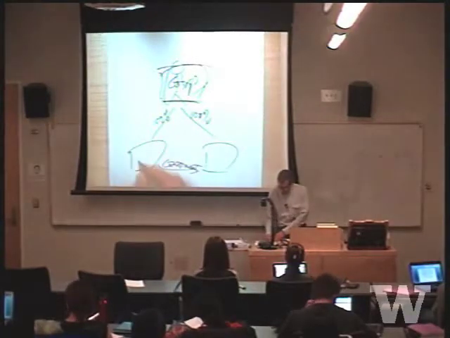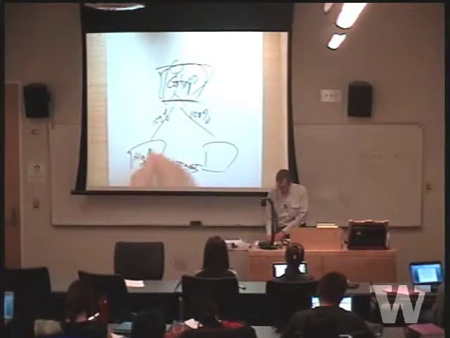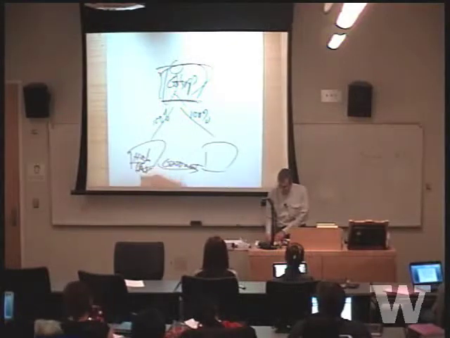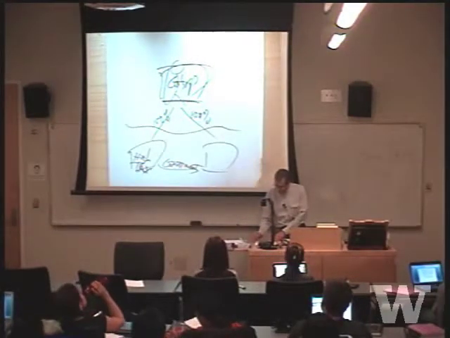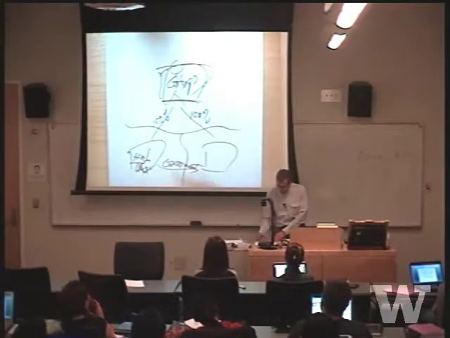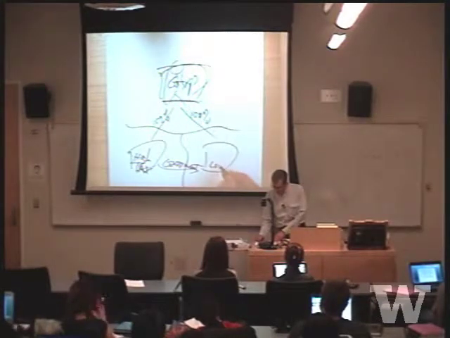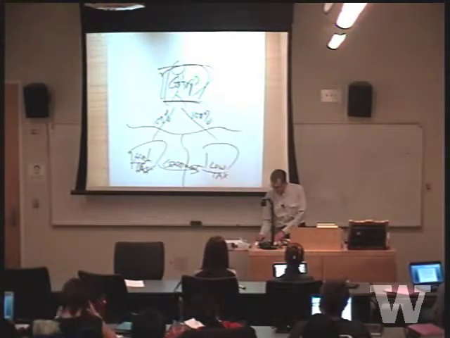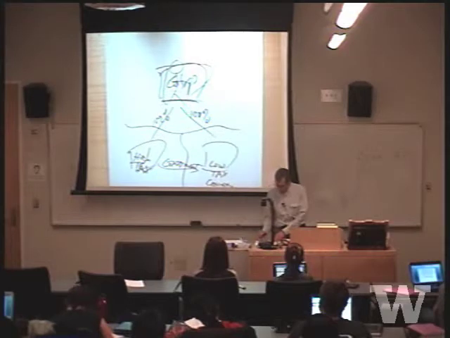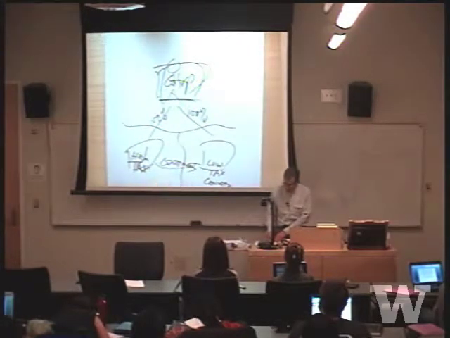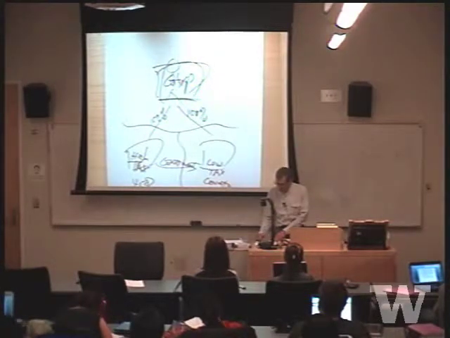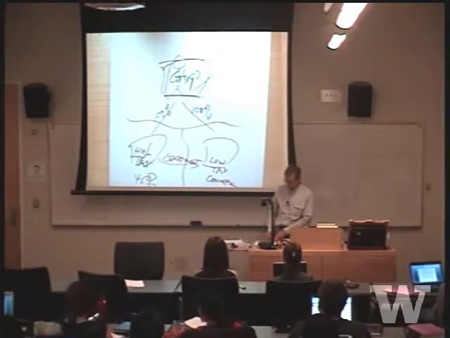And let's say that this is in a high tax country. These are both in other countries. High tax country, this one is in a low tax country. Let's say that the tax rate in this country is 45%. Tax rate in this country is 10%.